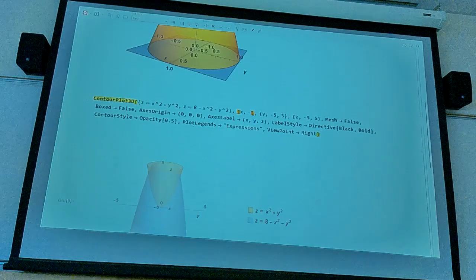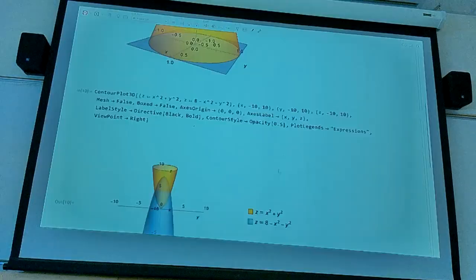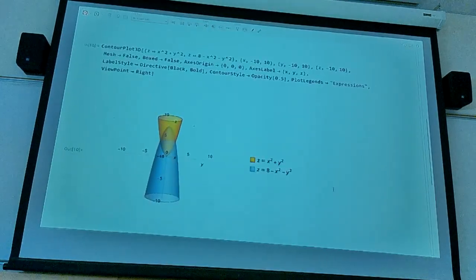Let's just zoom out, start and then adjust. Okay, that gives us at least a better viewing window.